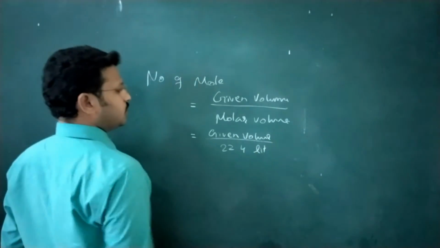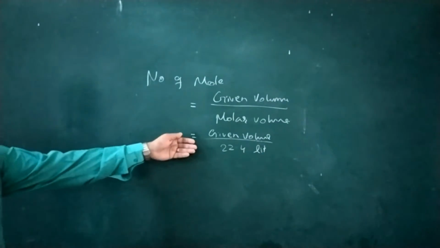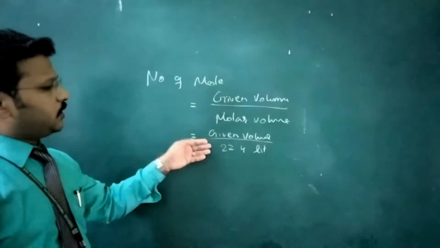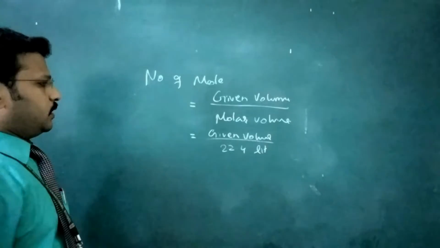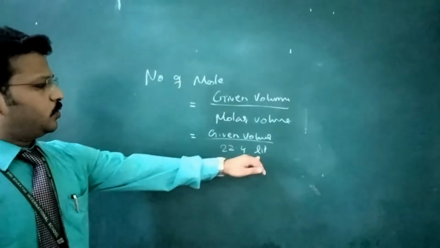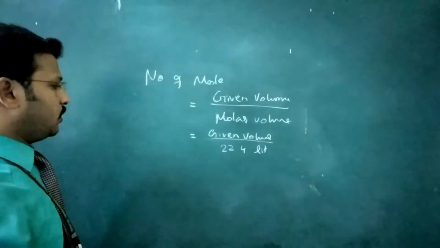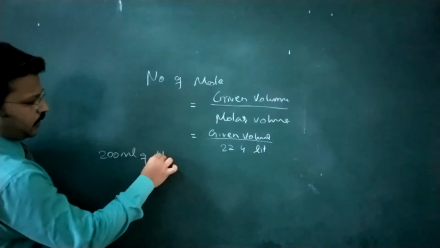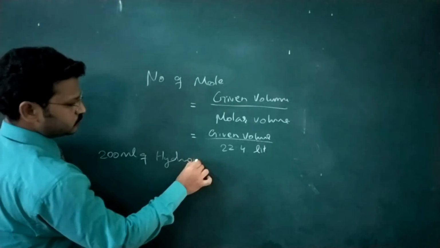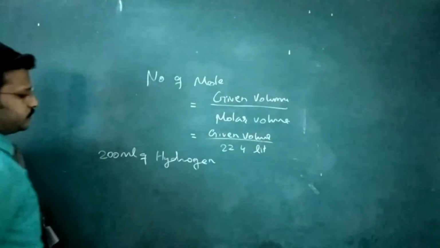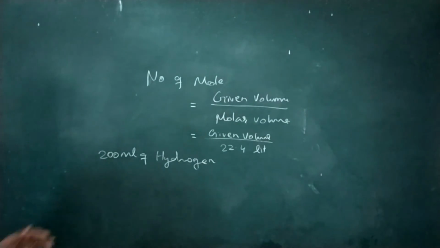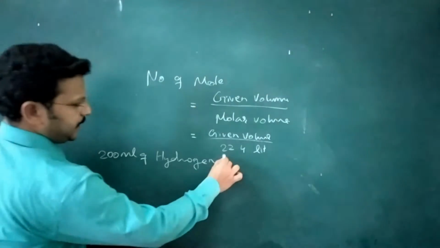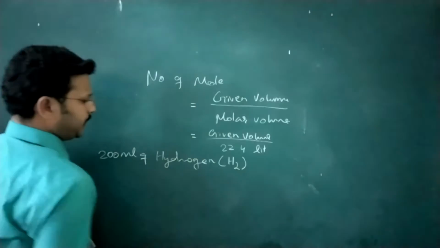So given volume of the substance divided by 22.4 liters. If the volume is given in liters, fine; if the volume is given in ml, we have to consider the unit conversion, 1 liter equals 1000 ml. For example, if I am taking 200 ml of hydrogen, how many moles of hydrogen gas does 200 ml contain? That means I am speaking about dihydrogen.